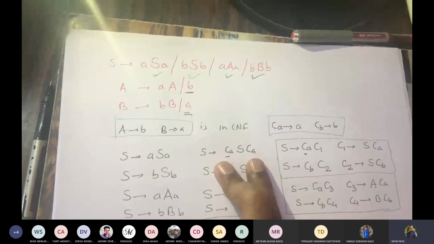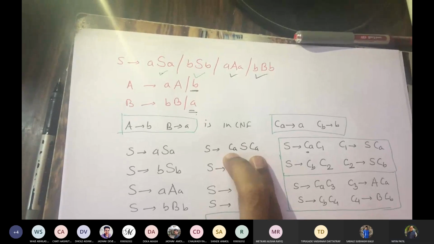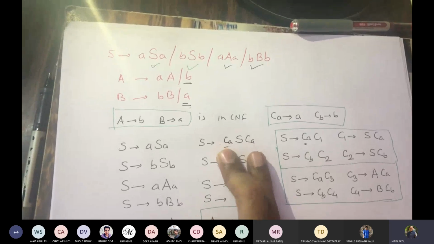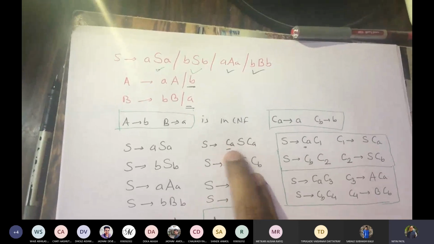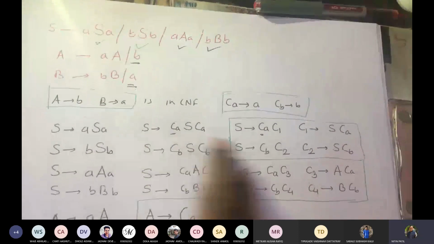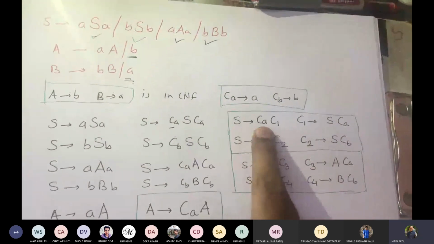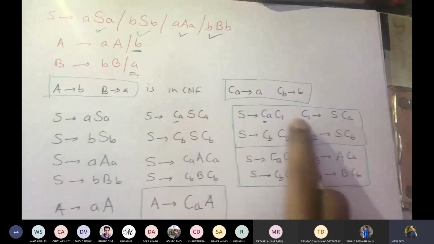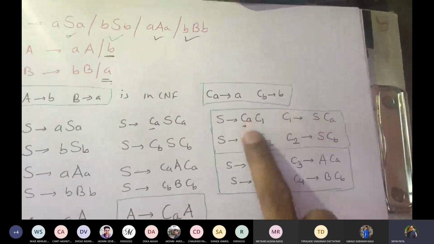What are the terminals occurring on the right side? More than a single terminal. Then we replaced each of them together. So we got CASCA. Now we have to limit the number of variables on the right side. So what did we do? We kept the leftmost variable CA as it is, and we introduced a new variable for SCA, and we wrote C1 gives SCA, and C1 was written here.